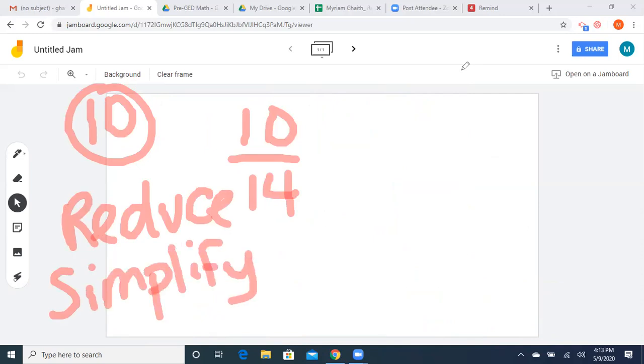So 10/14, for example, here, guys, I can't say divide by 10. 10 does not go into 14 evenly. So I have to pick the highest number that can go into both 10 and 14, which is what? 2.